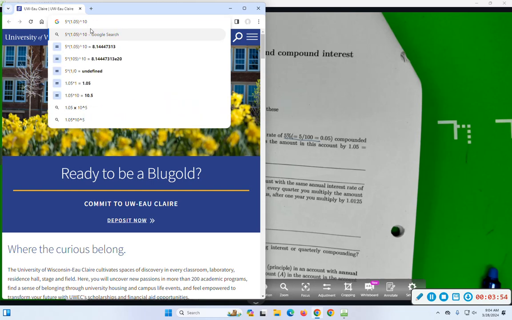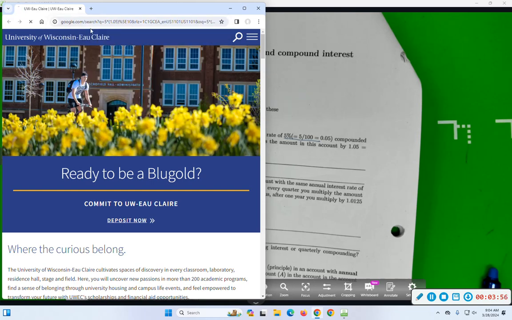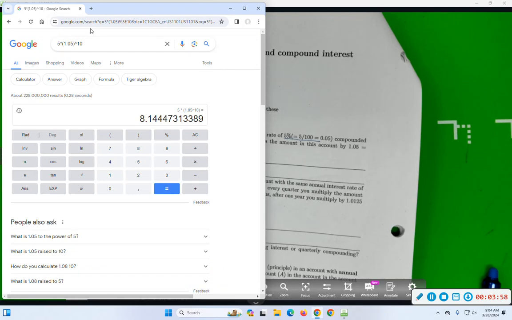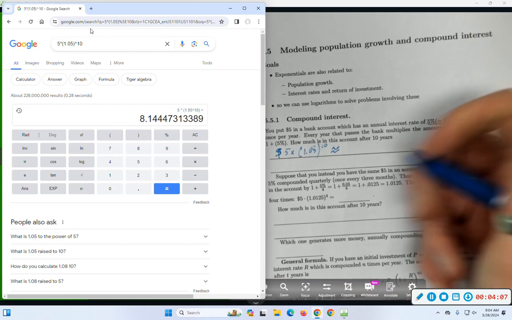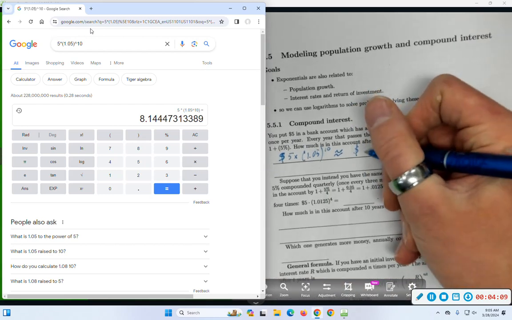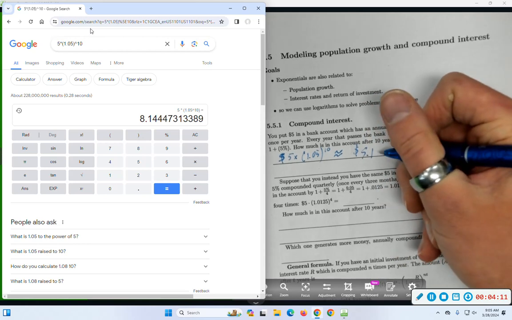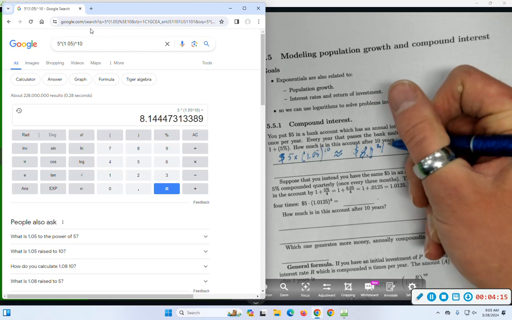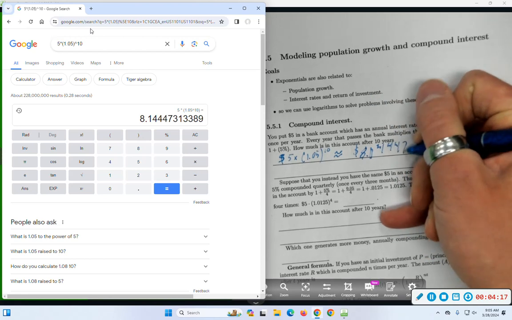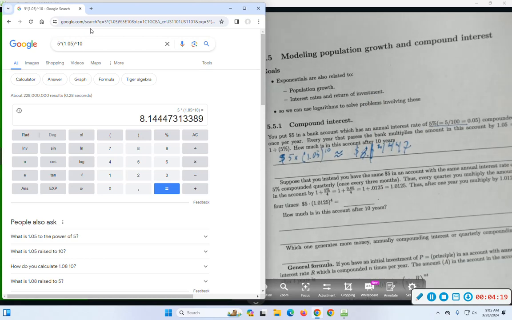Have I typed that all in correctly? Cool. And you expect it to be some long, complicated number because 1.05 to the 10th will wind up with lots of digits. You wind up with about 8.14447. All right, cool. Fair enough?